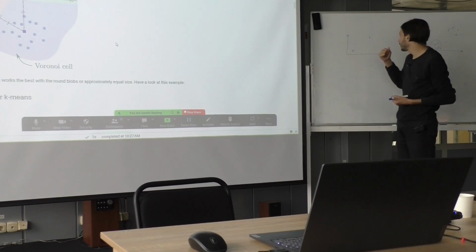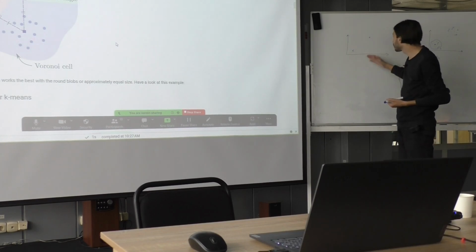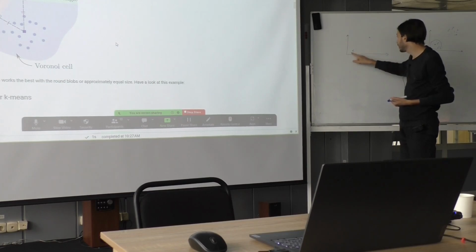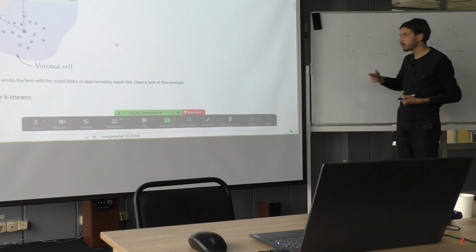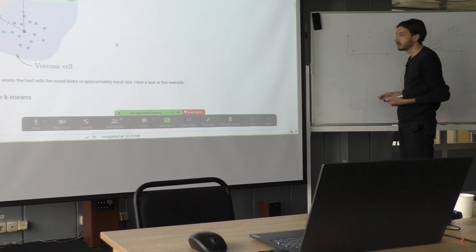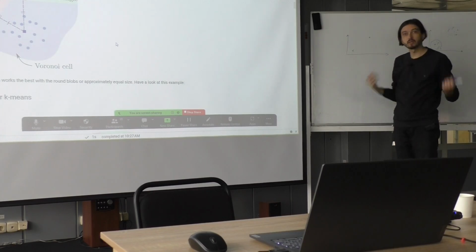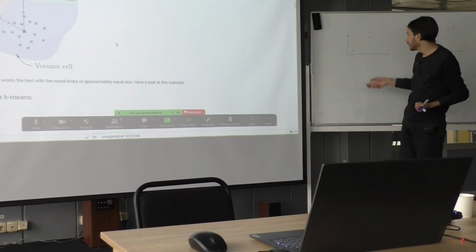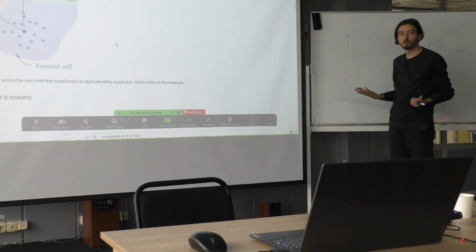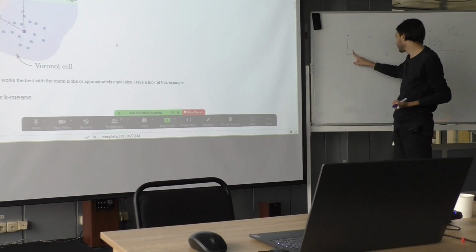So how do you think I should draw the separation line in this plane to split it into two parts that show me which points are closer to this point and which are closer to this one?